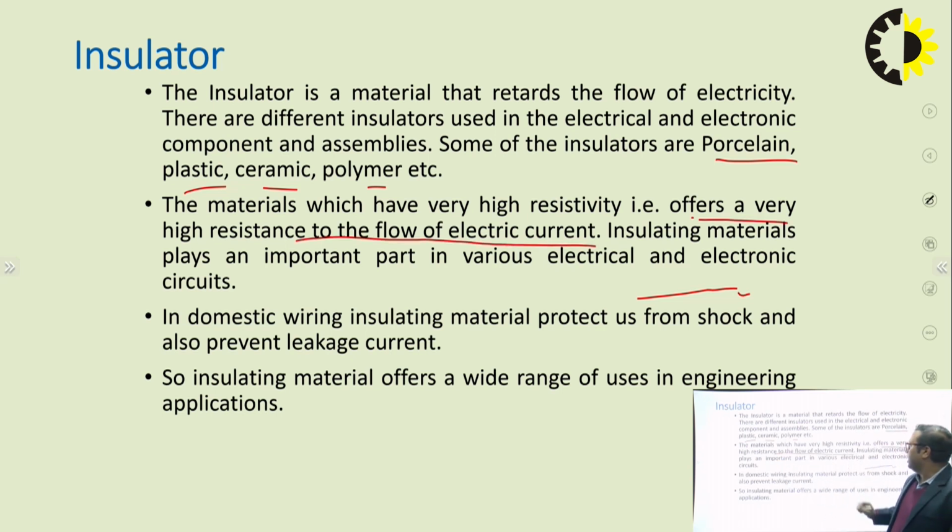The materials which have very high resistivity, which offer very high resistance to the flow of electric current, play an important part in various electrical and electronic circuits. In domestic wiring, insulating materials protect us from shocks and also prevent leakage currents.